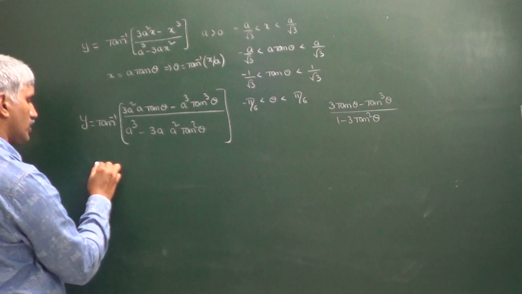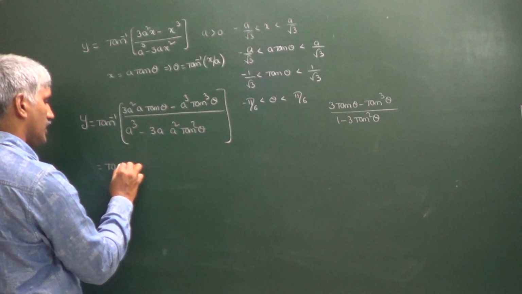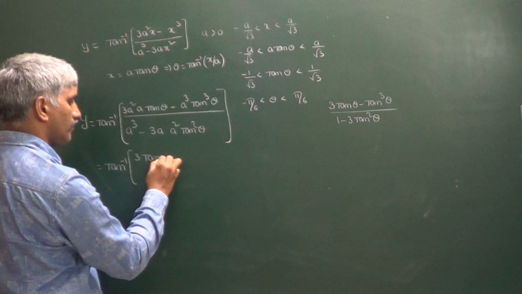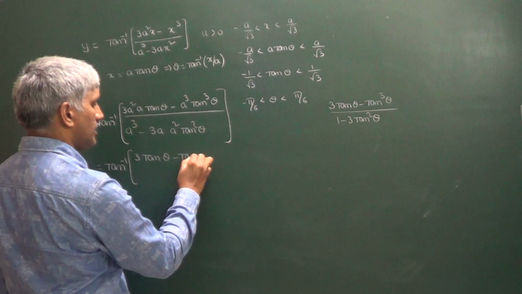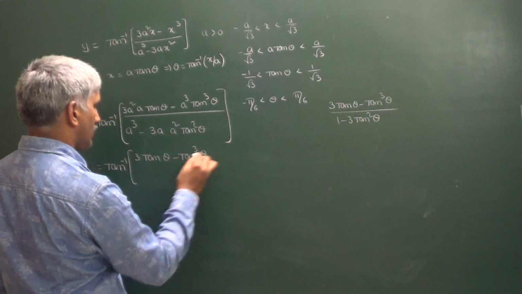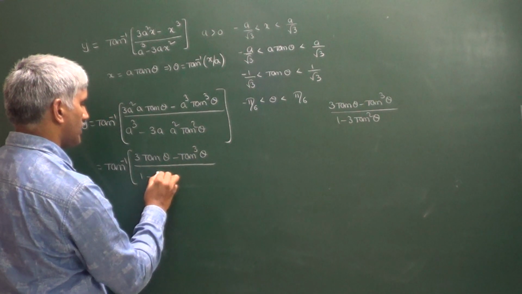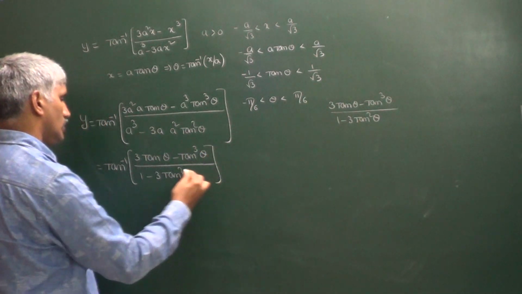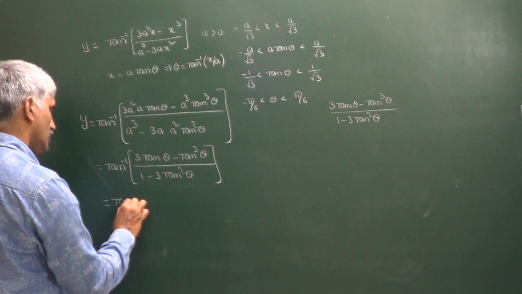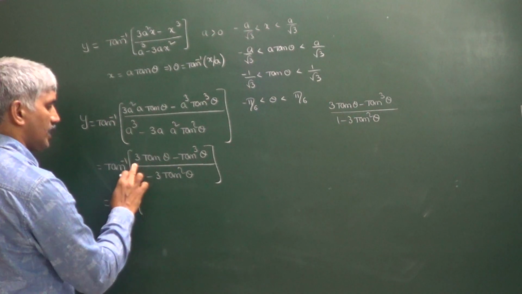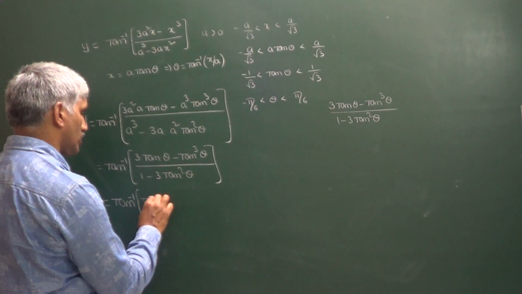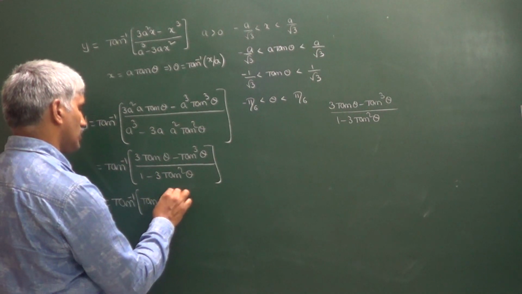Throughout the equation a³ gets cancelled. We are getting tan inverse of (3 tan θ minus tan³ θ) divided by (1 minus 3 tan² θ). Again, we can write this as tan inverse of (3 tan θ minus tan³ θ) divided by (1 minus 3 tan² θ), which is nothing but tan 3θ.